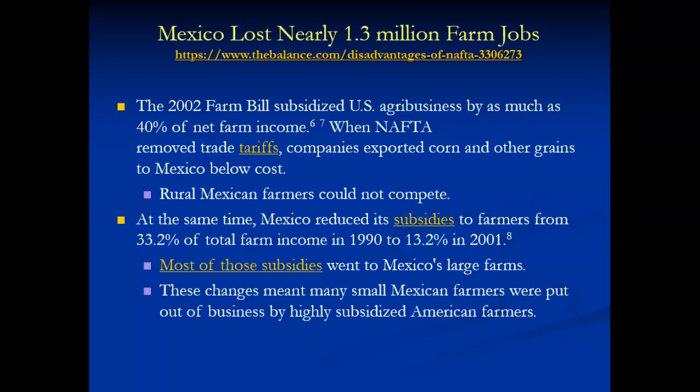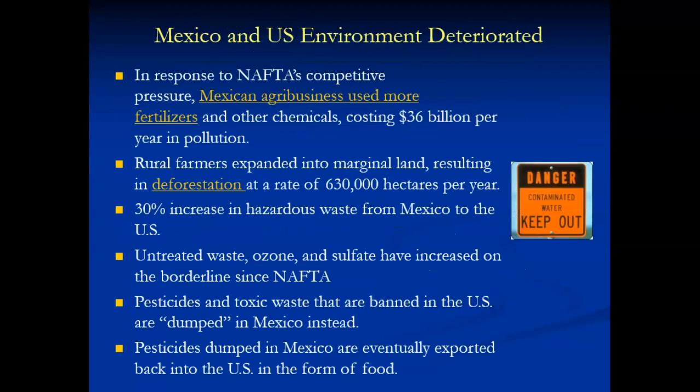And most of the subsidies that they did have went to Mexico's larger farms, which then, of course, hurts the smaller farms. Okay, so a little bit about Mexico and the U.S. environment, that there was deterioration on both sides. Mexican agribusiness used more fertilizers and more chemicals that cost $36 billion a year in pollution management.